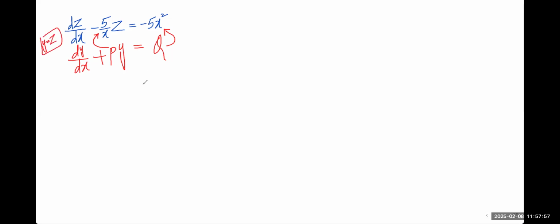Right, after this, what work do we do next? The integrating factor. What is the integrating factor? e power integral p dx, we have done it yesterday already.